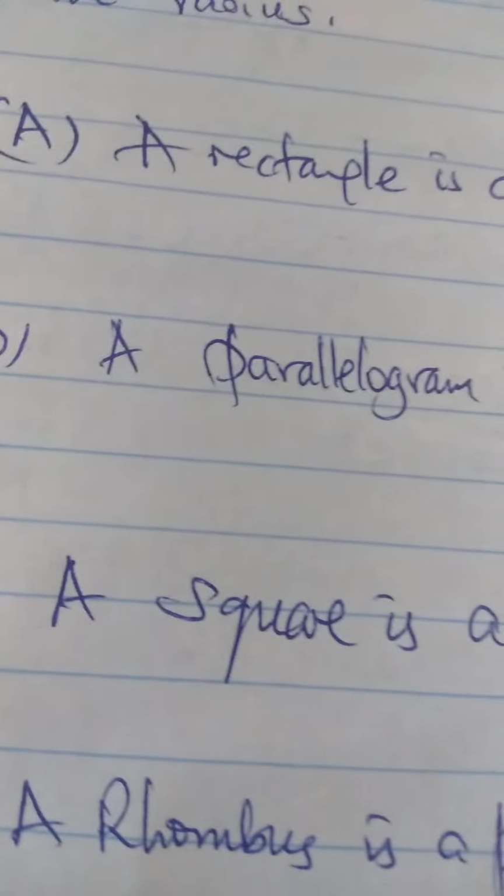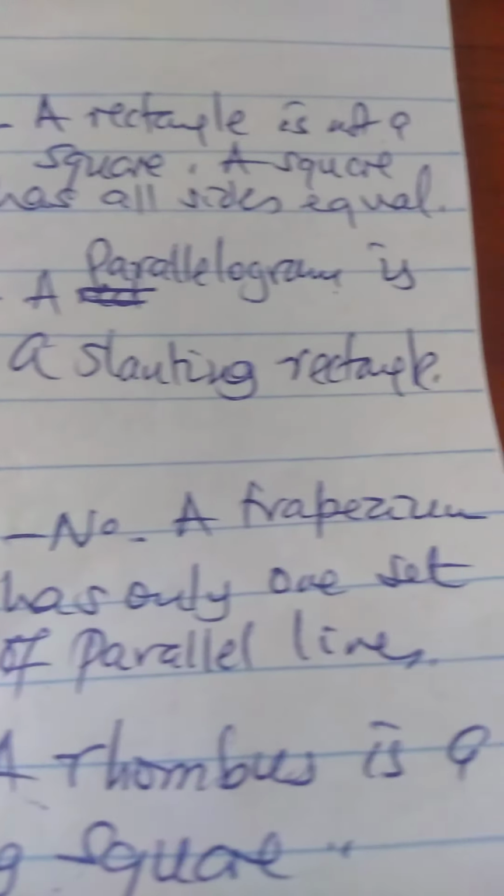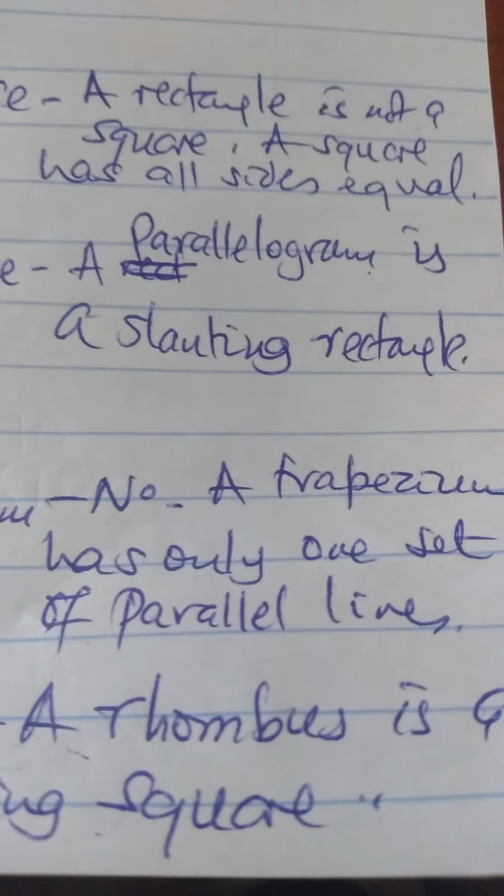And then C, a square is a special trapezium. No. A trapezium has only one set of parallel lines, whereas a square has two sets of parallel lines. Then D, a rhombus is a parallelogram. No. A rhombus is a slanting square. Therefore, it's only B that is correct.